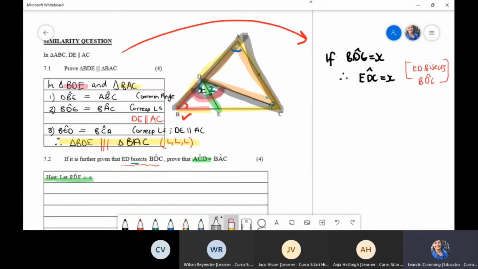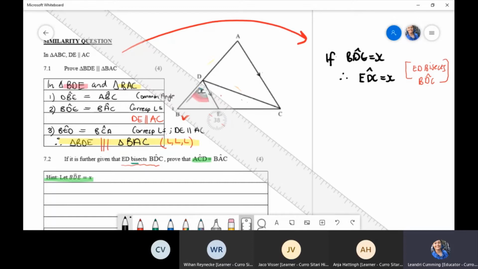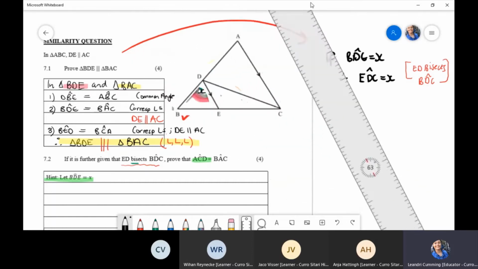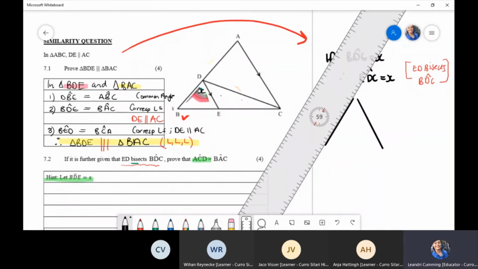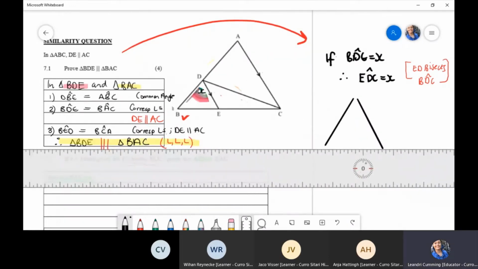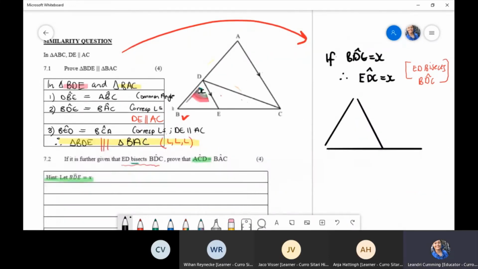And what is our rule? Our theorem states that the exterior angle of a triangle is equal to the sum of the opposite interior angles. Let me draw it this way: I basically have the triangle like that, and then I have my exterior angle.